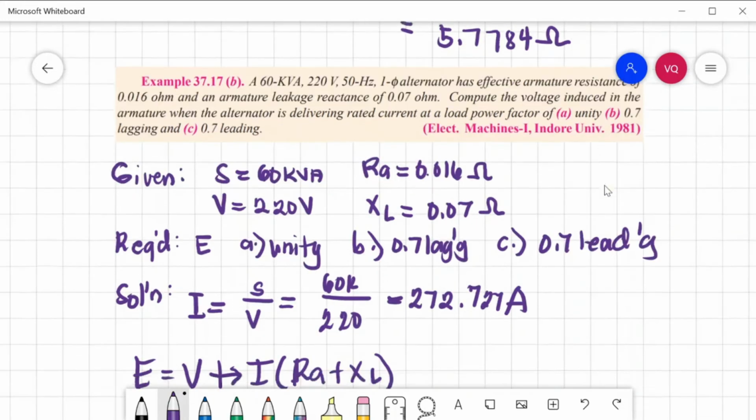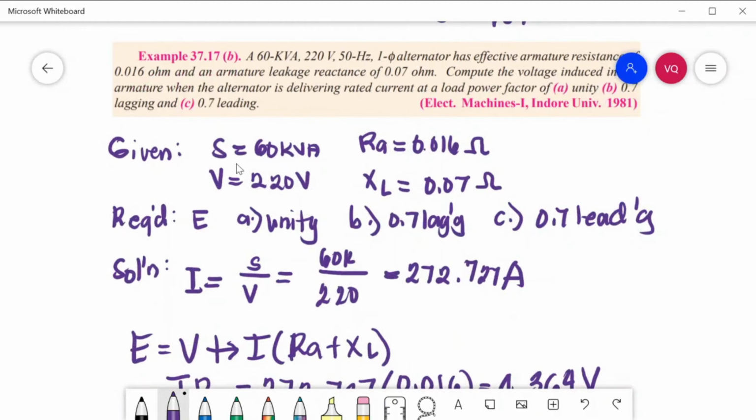Given our apparent power for our alternator is 60 kVA. Its voltage rating is 220. Armature resistance 0.016 ohm. Inductive reactance is 0.07 ohm. So we require the value of your induced EMF at unity, at 0.7 lagging, and at 0.7 leading.